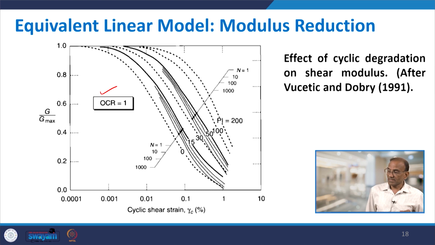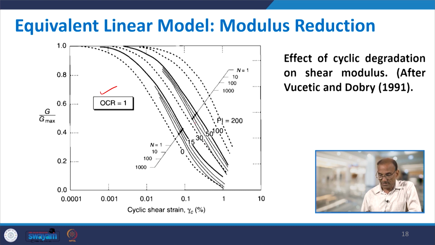This is the effect of cyclic degradation on shear modulus, after Vucetic and Dobry, 1991. What we see here is for different values of PI. This curve is for PI equal to 0, and for PI equal to 15 there are 4 curves depending on the number of cycles n: 1, 10, 100, 1000.